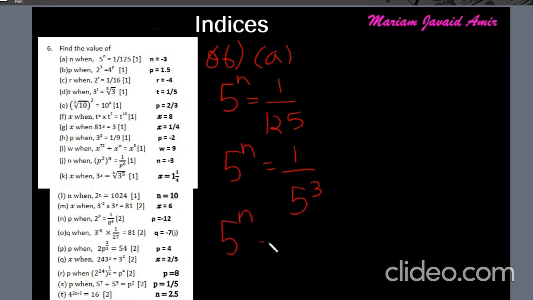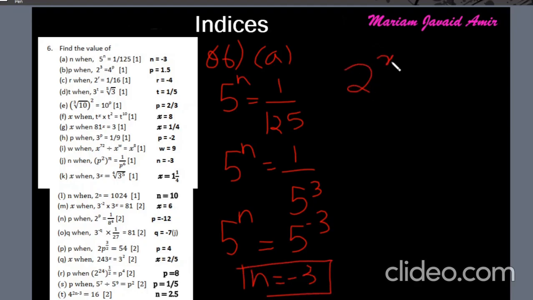Then I'll take 5 cube to the numerator and this will become 5 power minus 3. Now the bases are the same, so obviously the powers would be equal. n equals minus 3, right? Just like if I ask you what power of x equals 4, you'll say 2 power x equals 2 square, so x equals 2. So same logic will apply in this question.